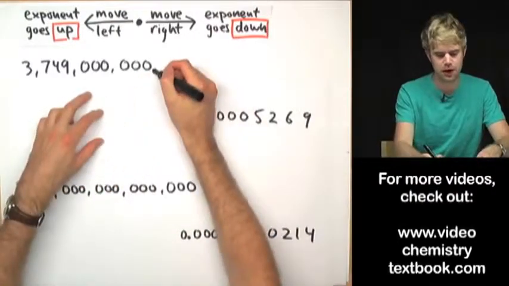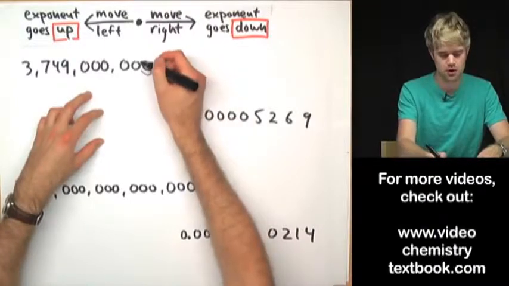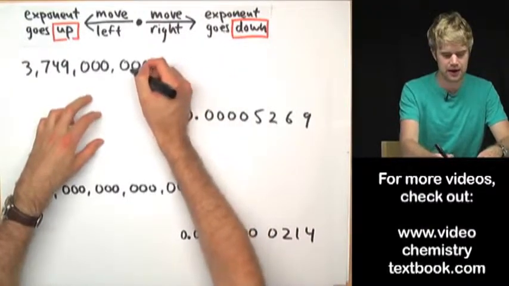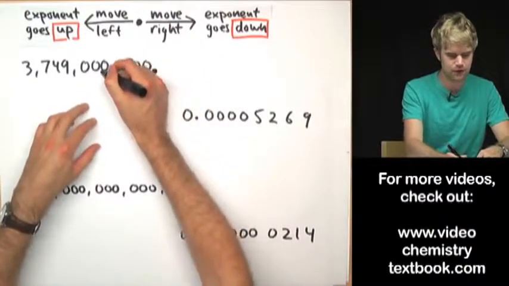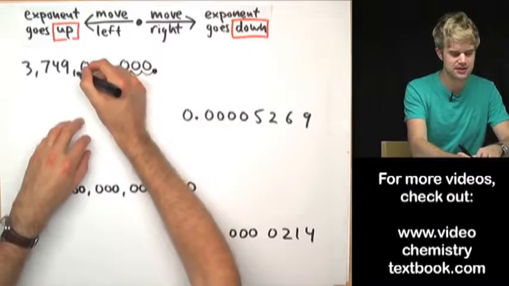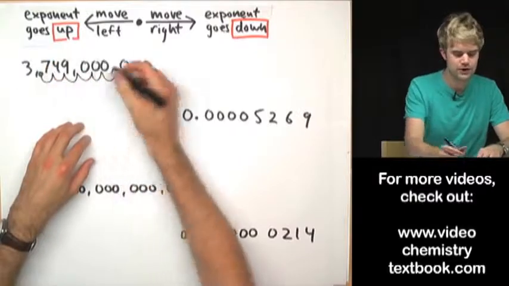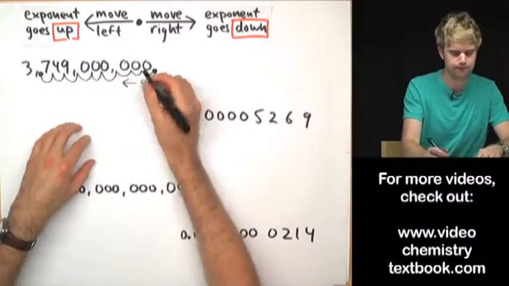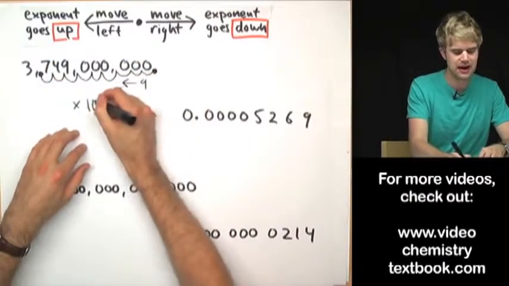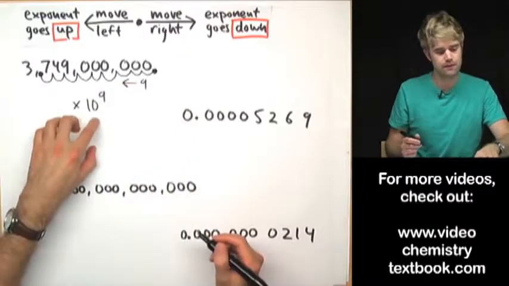I move it one spot, that's 10 to the first. Move it again, 10 to the second, third, fourth, fifth, sixth, seventh, eighth, and ninth. So I move it 9 spots here, and it's going to be 10 to the ninth.